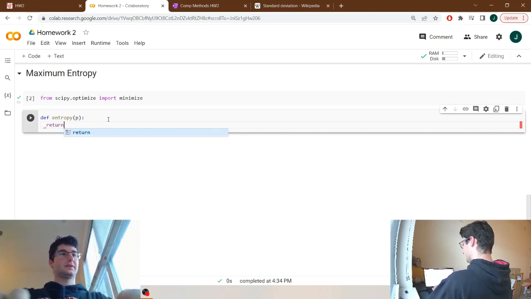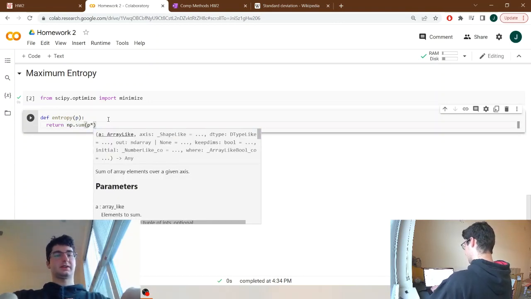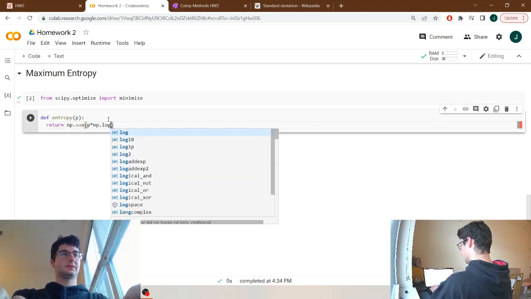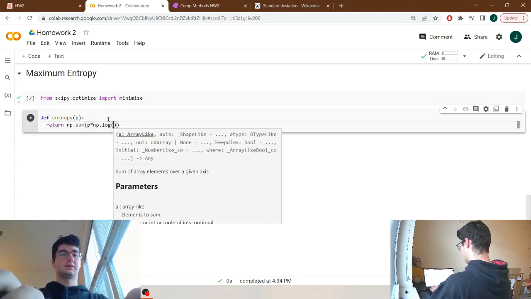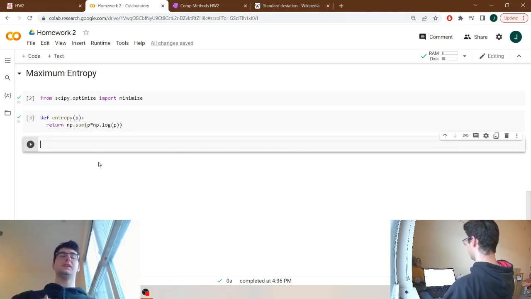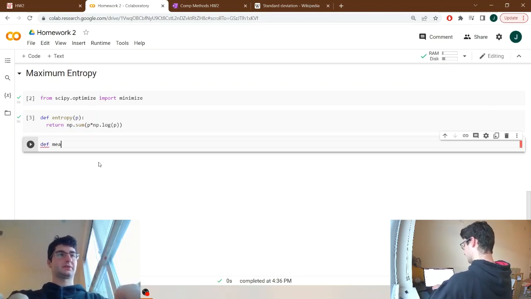So what we want is p times p dot log of p, and that should be natural log. Let's run that. Okay. So in this problem, we're assuming that we're given both a mean and a standard deviation. So let me define the mean real quick.